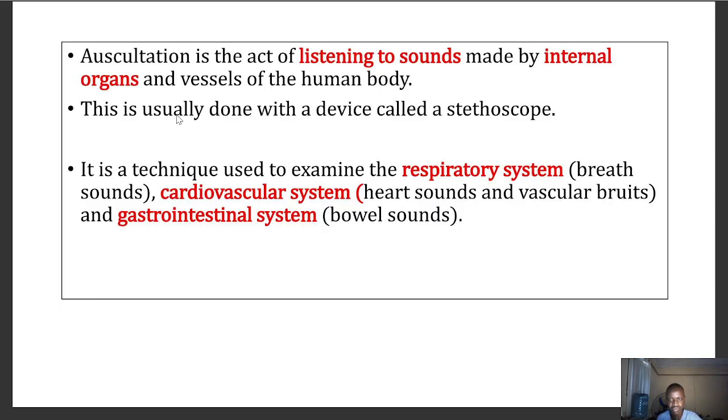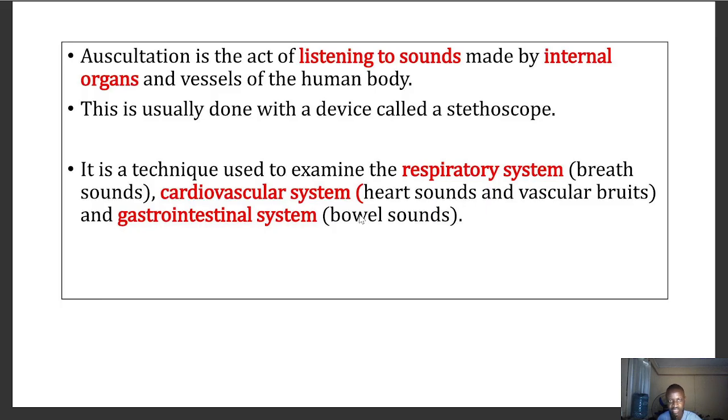This technique is used to examine the respiratory system, where we focus on breath sounds; the cardiovascular system, where we look at heart sounds and vascular bruits; and the GI system, where we check bowel sounds and say whether they are hypoactive, hyperactive, or normoactive. But for our lecture, we're focusing on just two: respiratory, looking at breath sounds, and cardiovascular, looking at heart sounds and vascular bruits.